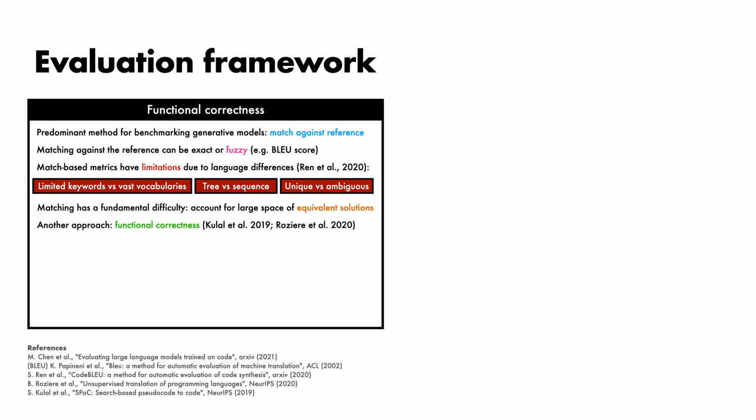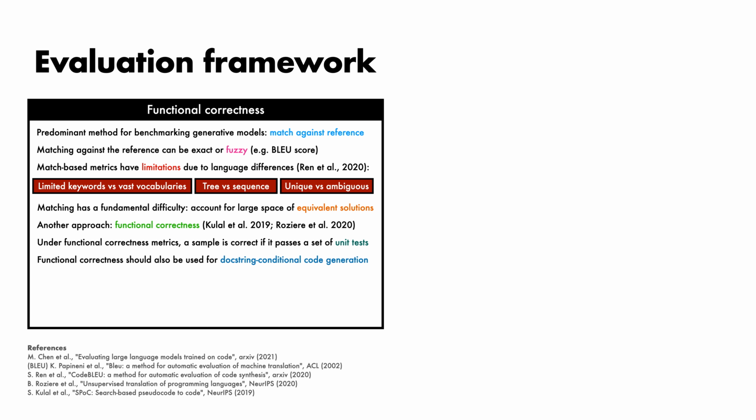From the perspective of functional correctness metrics, a sample is considered to be correct if it passes a set of unit tests. The Codex authors argue that functional correctness should be used also to assess the task of docstring-conditional code generation. One compelling reason to use functional correctness as a metric is that it is also used by human developers to judge correctness.